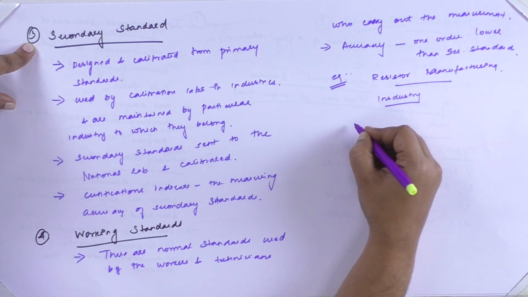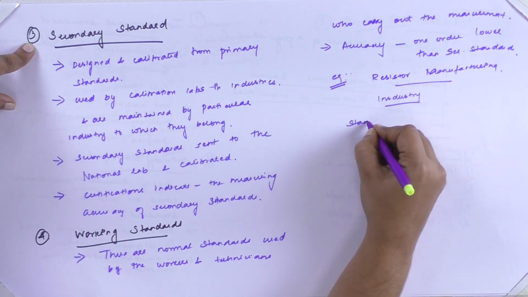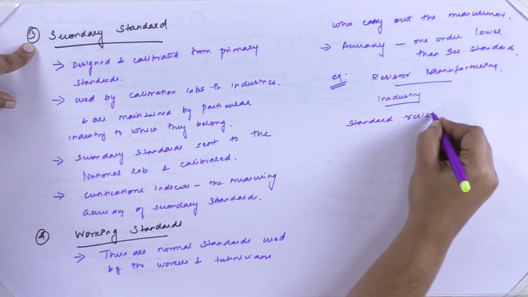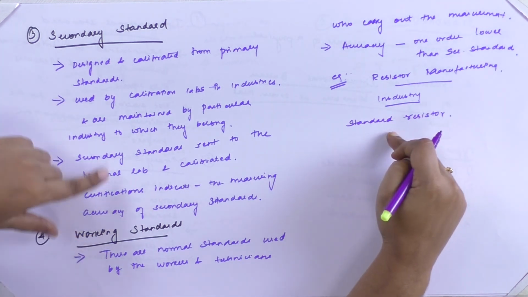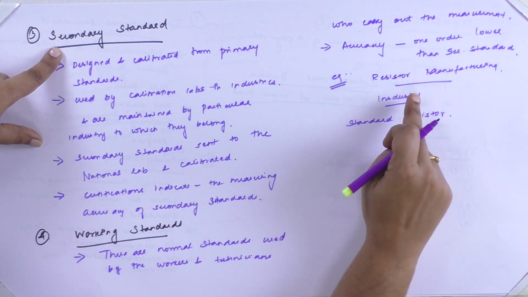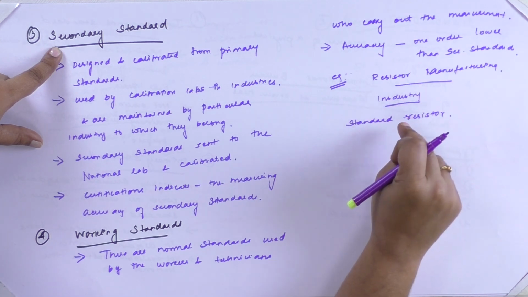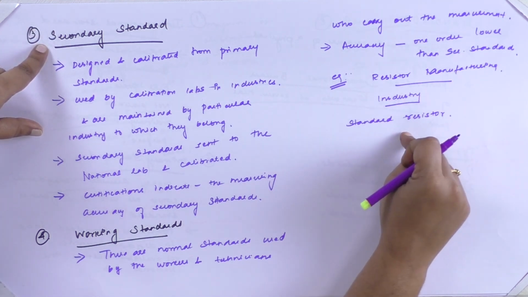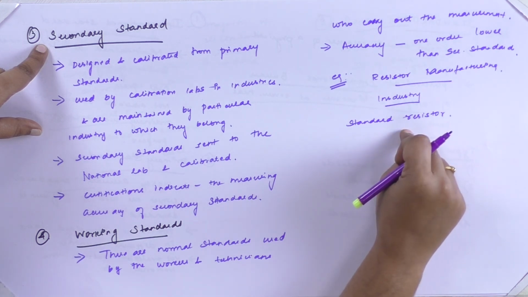In their calibration lab, they will maintain a standard resistor which is calibrated with the secondary standard. So, the standard resistor maintained by this resistor manufacturing industry will be calibrated with the secondary standard and used in their calibration lab.